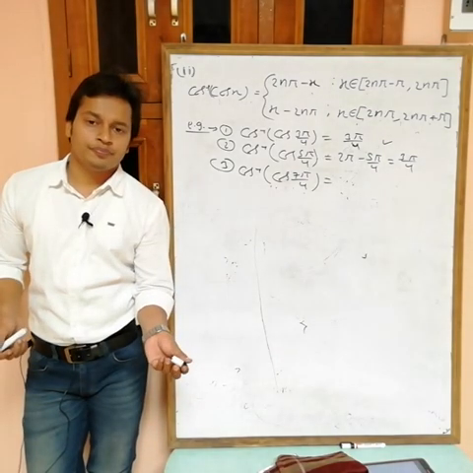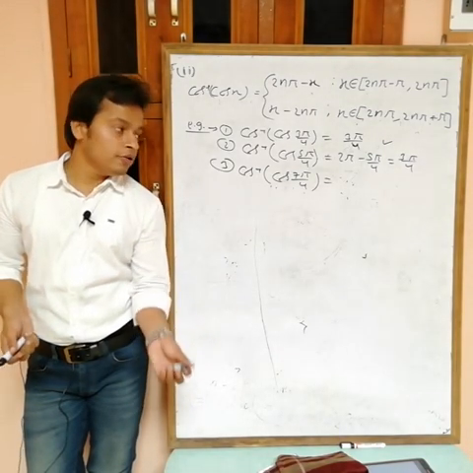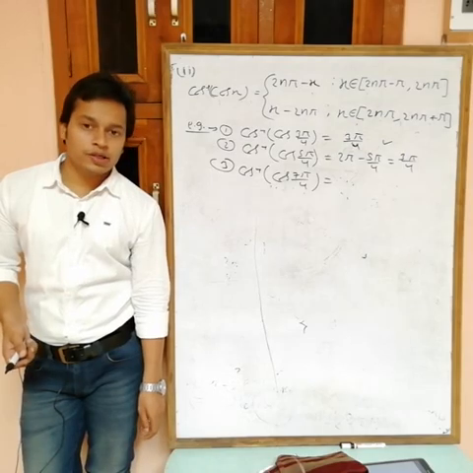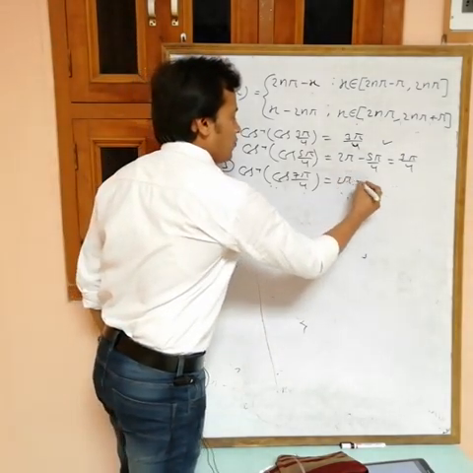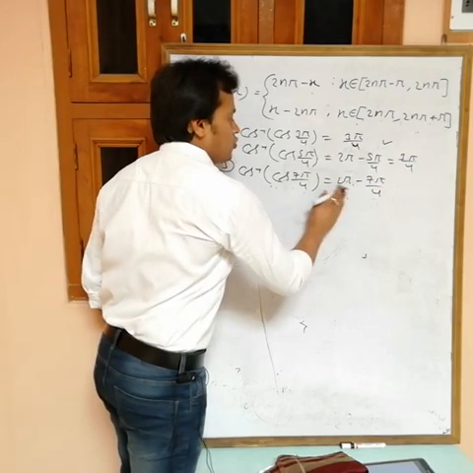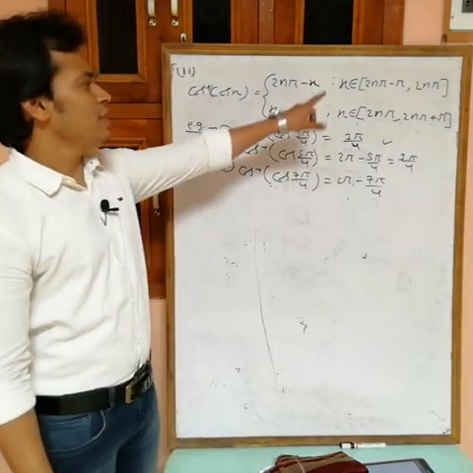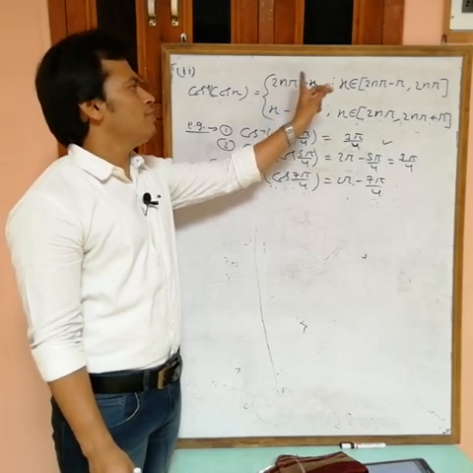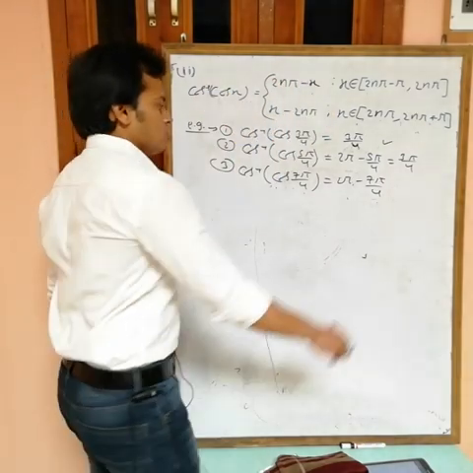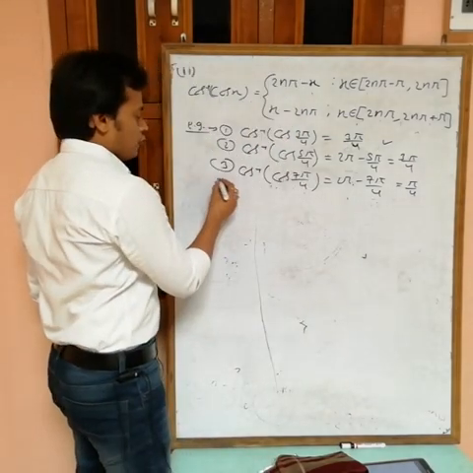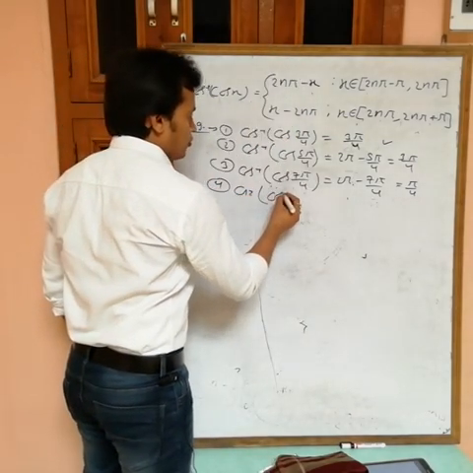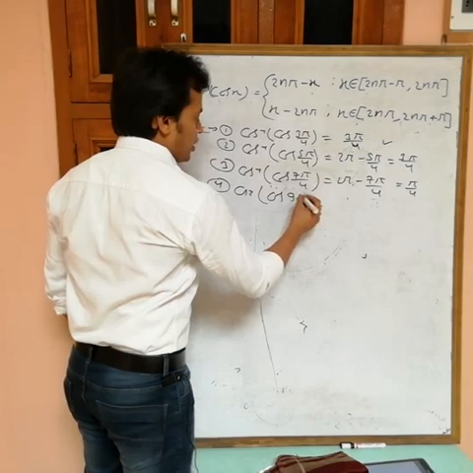This is near to 2π. Obviously less than 2π, then the answer is 2π − 7π/4. If it is less than an even multiple of π, then that even multiple of π minus x. So again what we get is π/4. Now the fourth one: cos inverse of cos 9π/4.